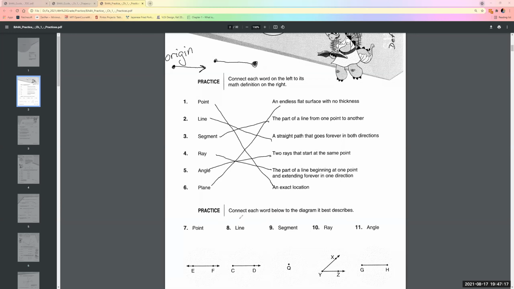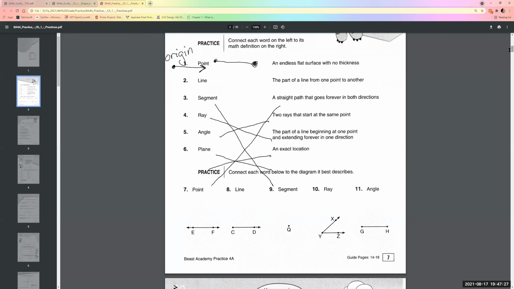Does someone want to do this next problem? Let me see. Brandon, do you want to attempt this since your hand is raised? Okay.